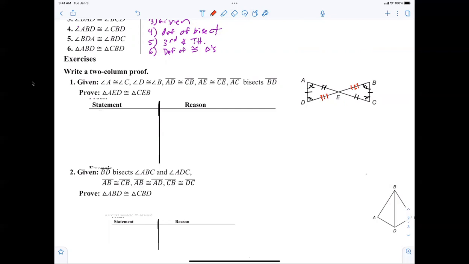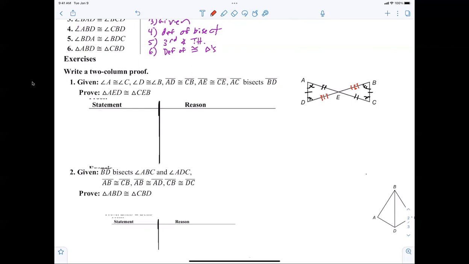Why? You could say third angle theorem, but you could also say they are what? Yeah, vertical angle theorem. You got two choices there. Say vertical angles, or you can say third angle theorem. Everybody's good with that? Anybody have any questions? All right.